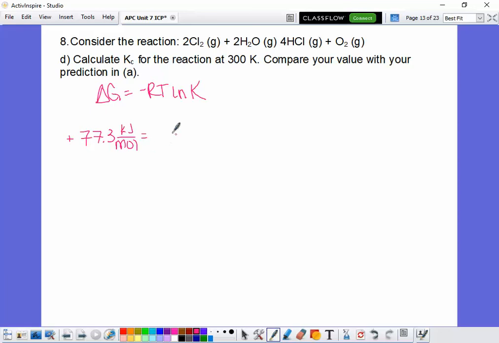So you can just take 8.314 times 10 to the negative 3, and that's going to be kilojoules per Kelvin mole. What's our T? Yes, 300 Kelvin. Natural log of K. So isolate natural log of K, and then we'll solve for it.